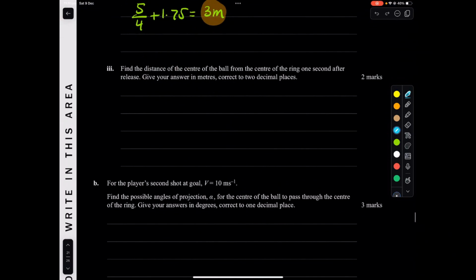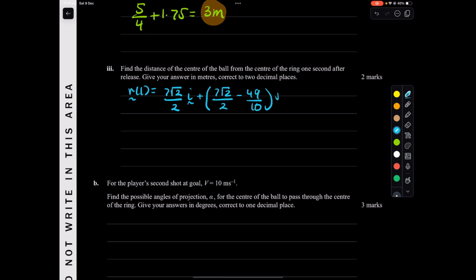So let's write what we just did here. We found r of 1, which is 7 root 2 over 2 i plus (7 root 2 over 2 minus 49 over 10) j.